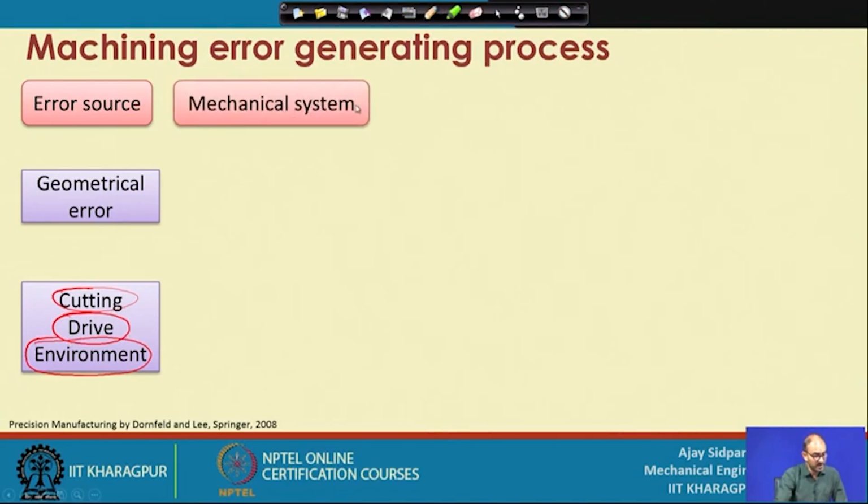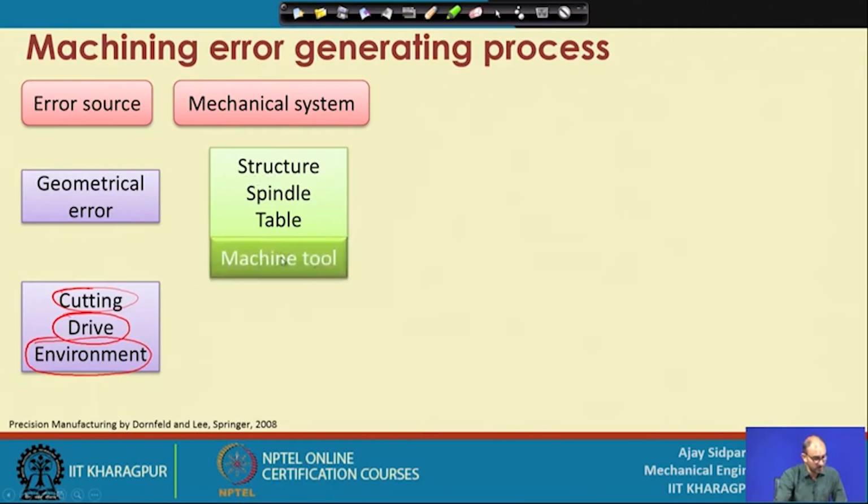Now, second is the mechanical system, that is, how these errors are affected in this direction. Geometrical errors are mostly related to the machine. So, this is the machine tool. What does a machine tool consist of? Machine tool consists of the table, spindle and the structure in this case. So, geometrical errors are mostly connected with these particular things, because the table and the structure are always a stationary structure.